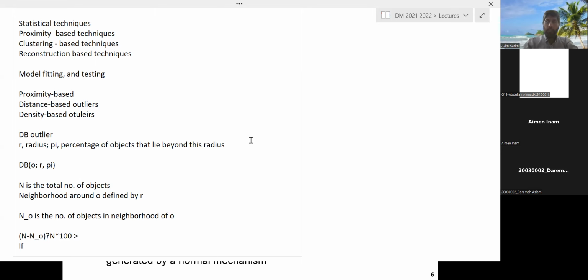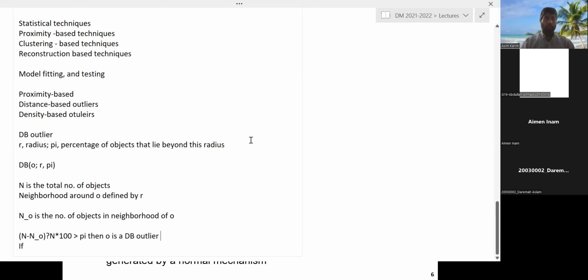If this is greater than pi, then O is a dB outlier. Okay? So this is the idea behind this. So again, you can flip the parameters. Maybe pi as defined in the algorithm is the percentage of objects that lie outside this neighborhood. You can complement it with another parameter, which is the percentage of objects that lie within this neighborhood. Of course, you will get the same result if you use the same complement parameter.